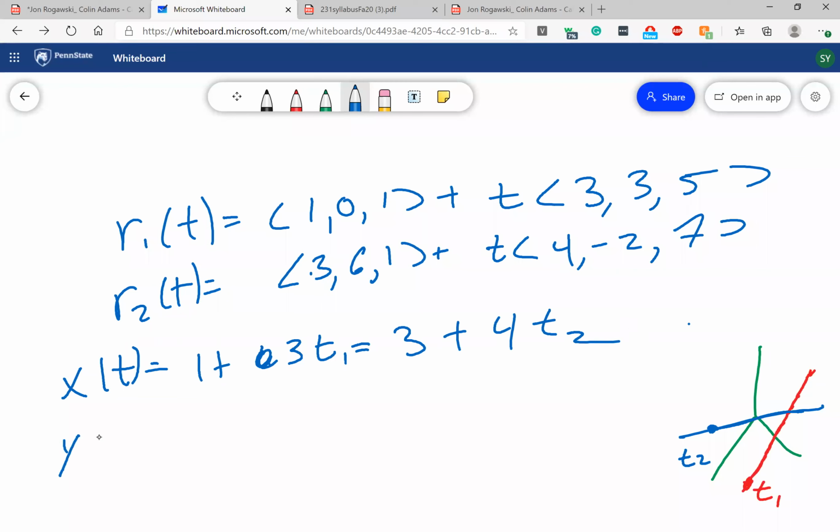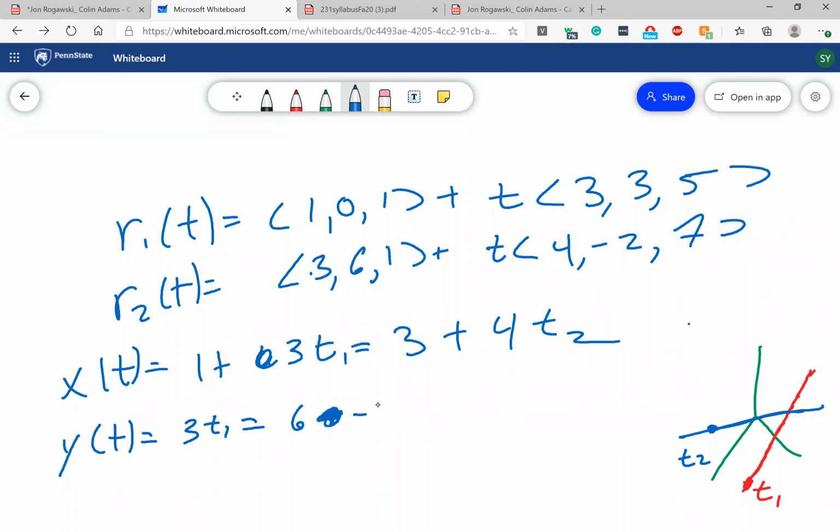Now for our y-coordinate, we have 0 plus 3t1, so 3t1 is equal to 6 minus 2t2.